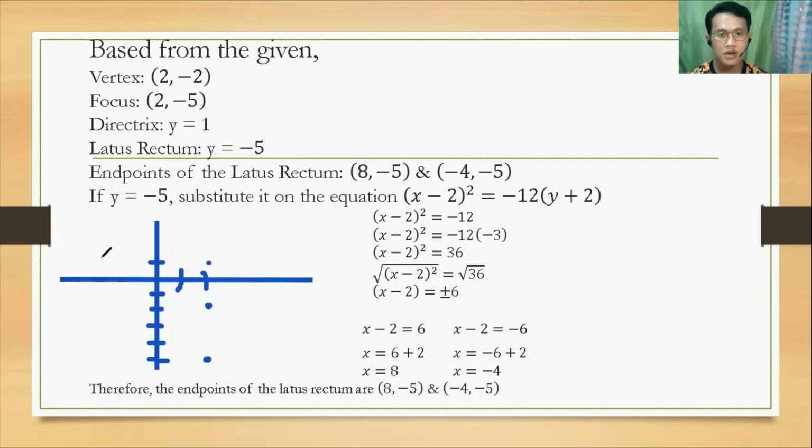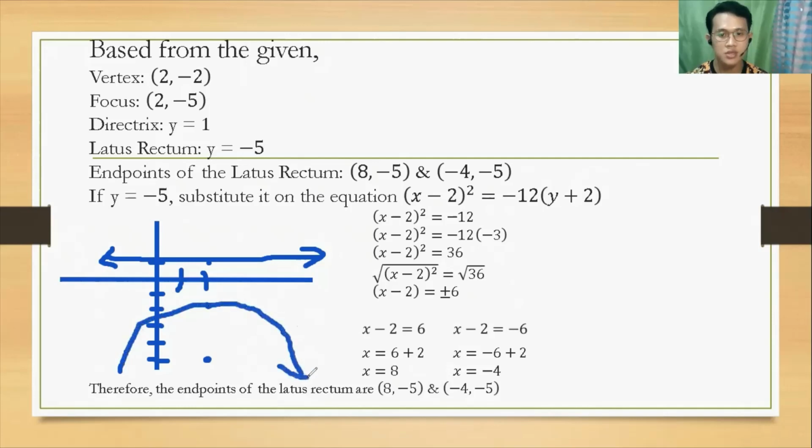So we have here our directrix. So in graphing this one, guys, you need to be careful, okay? And then after that, you can now say that the latus rectum is y equal to -5 because it will always pass through your focus.